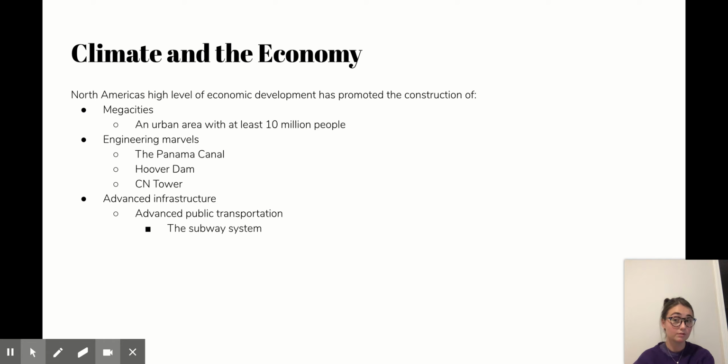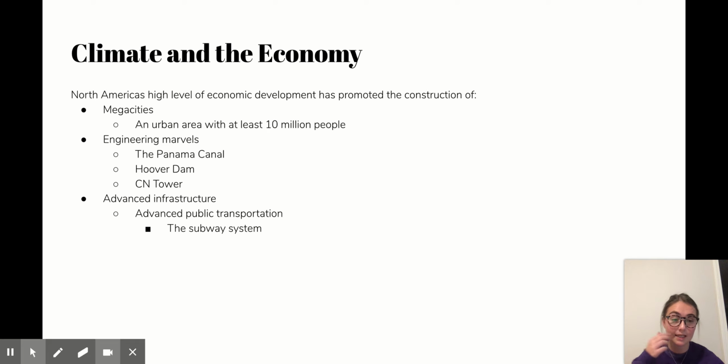Engineering marvels, so the Panama Canal, the Hoover Dam, and then the CN Tower, which is in Canada, and it's the tallest building in the Western Hemisphere. And advanced infrastructure like public transportation. The subway system in New York City that's underground was super advanced when it was invented.